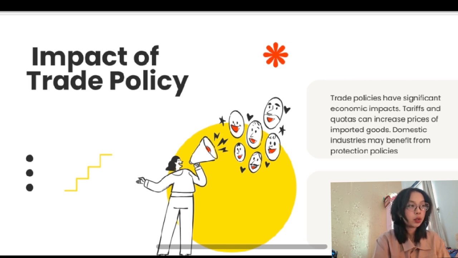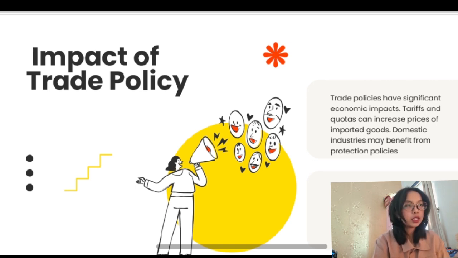Trade policy also influences the trade balance by controlling export and import. Additionally, trade policies can affect diplomatic and economic relations between countries. Therefore, governments must evaluate both positive and negative impacts before implementing policies.